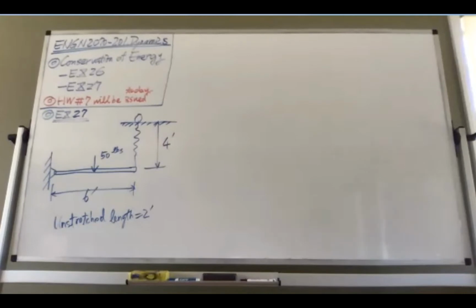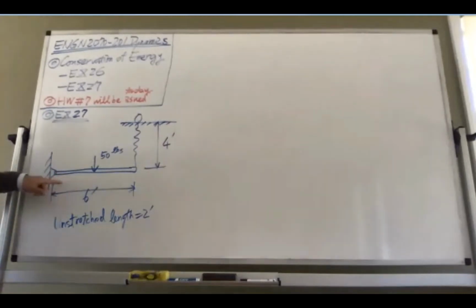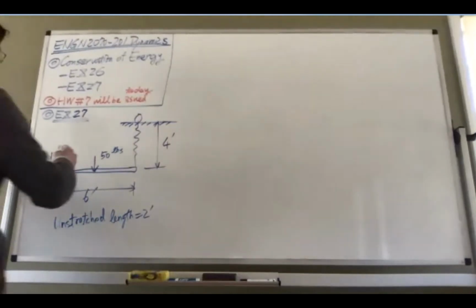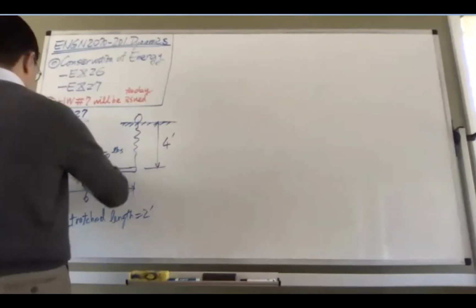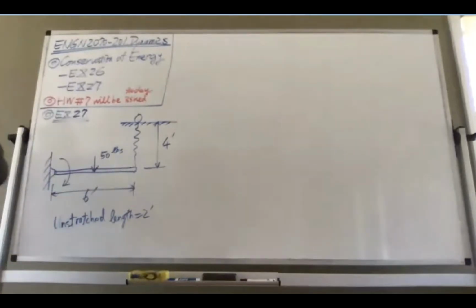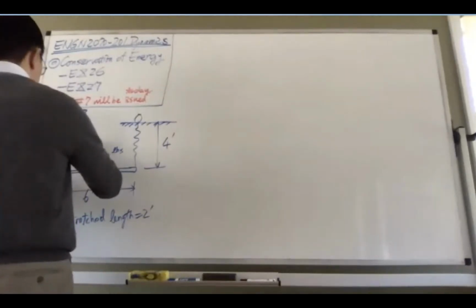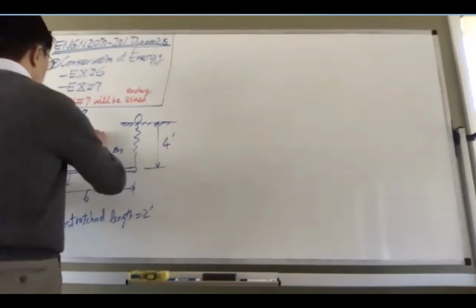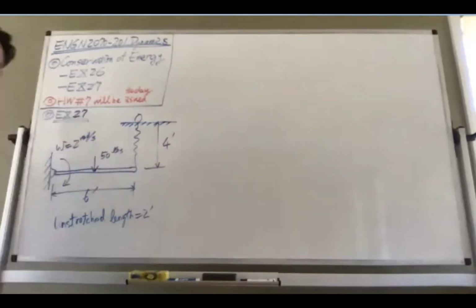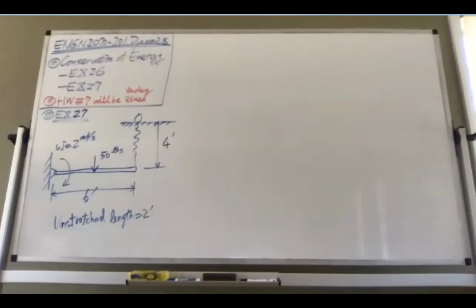When the bar is positioned in this horizontal position, there is an angular velocity omega of 2 radians per second, like this.